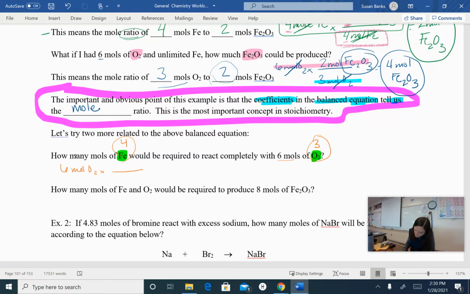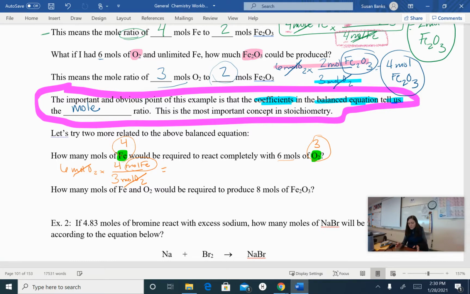So I'm going to grab that coefficient from the balanced equation. 3 moles of oxygen react with 4 moles of iron. Okay, notice those come from the equation. Notice my moles of oxygen are divided by moles of oxygen. So the unit I have left is moles of iron, which is what I want, right?